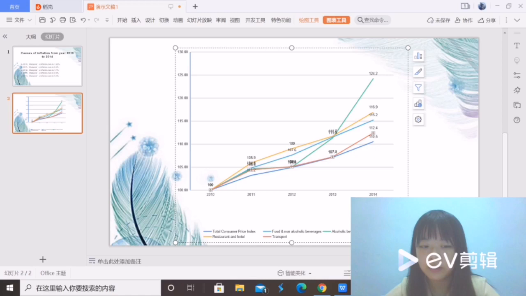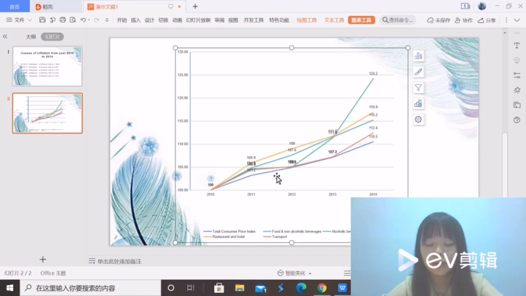In 2014, inflation was mainly due to the increase of demand for alcoholic beverages and tobacco and the restaurants and hotels.